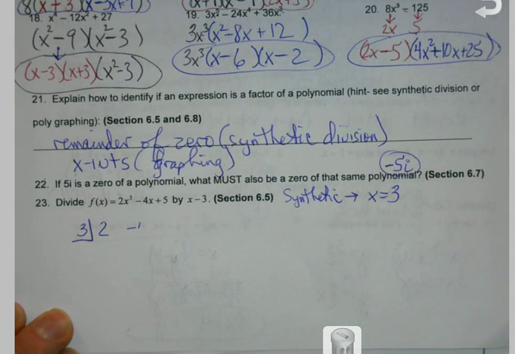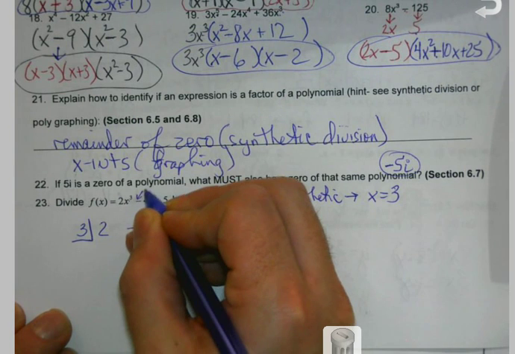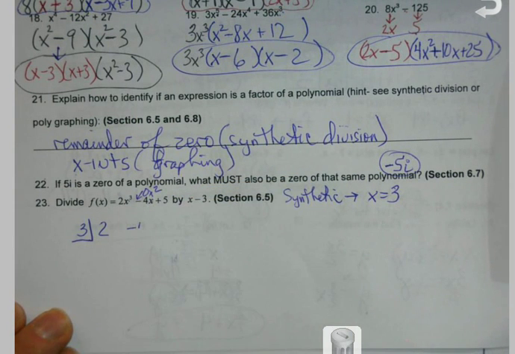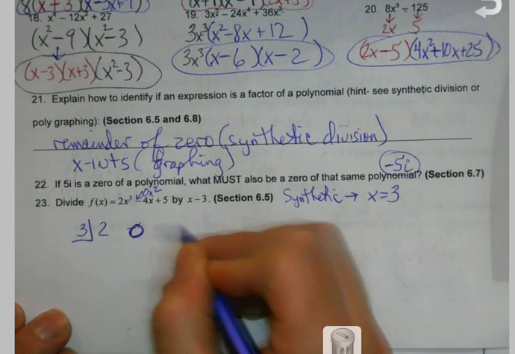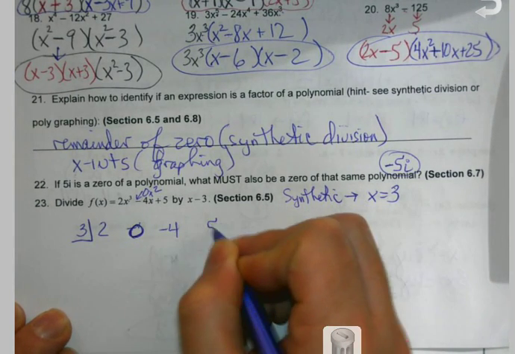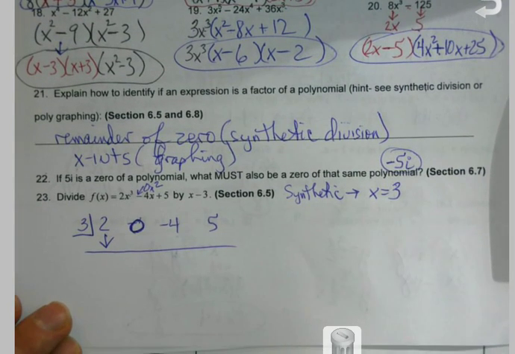Oh, what evil thing did I almost forget just now? Yeah, it goes from 3 to 1. I can't do that. There's a 0x squared in there. So it's 2, 0. Don't forget about that. Ooh. It's 0. If I'm missing a degree, it's a 0.